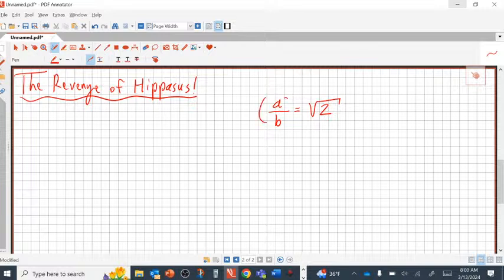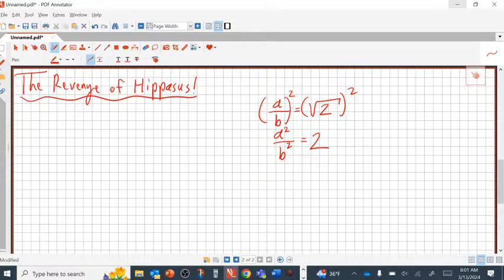So Hippasus squared that and got a squared over b squared equals 2. That means a squared divided by b squared is 2, which means, would these have to have some factors in common to make that happen?